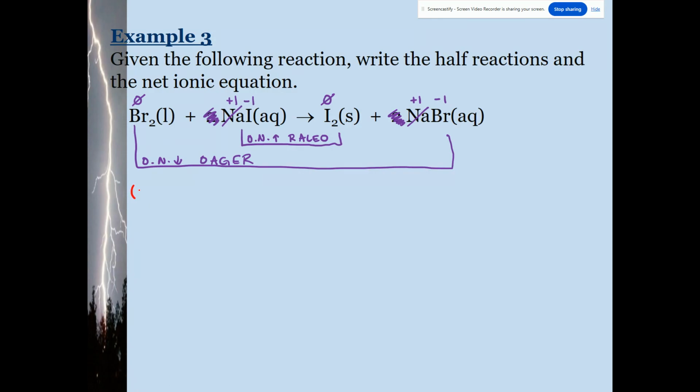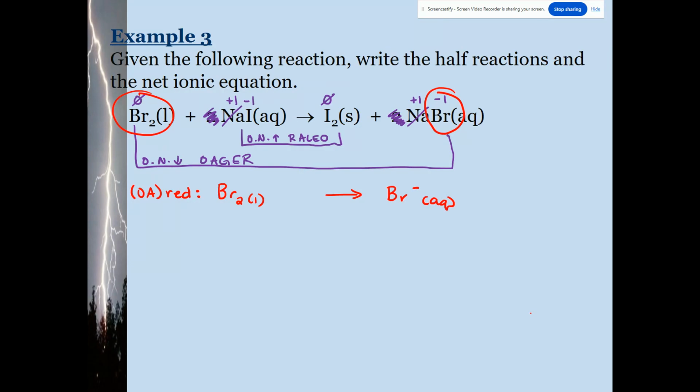So I'll start with my oxidizing agent undergoing a reduction half reaction. That's my Br2 that starts with an oxidation number of 0, and it is producing bromide with a -1 ions.